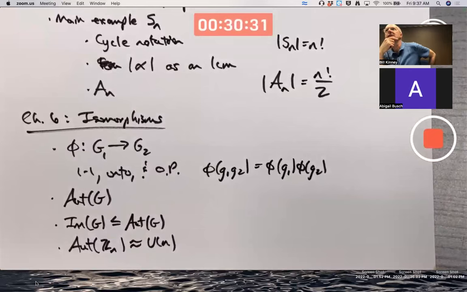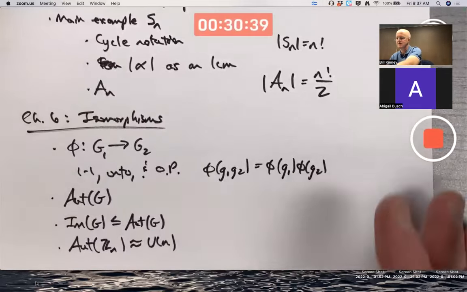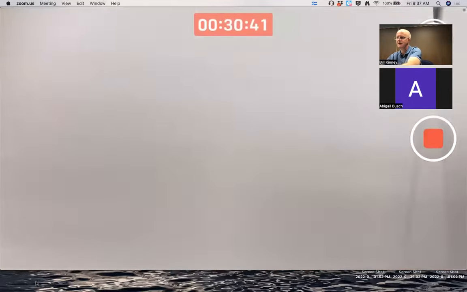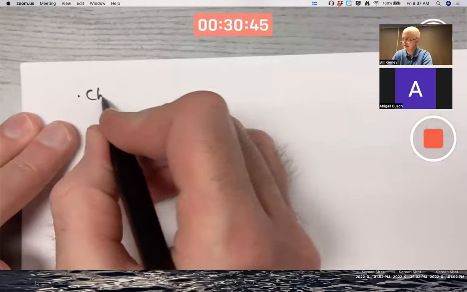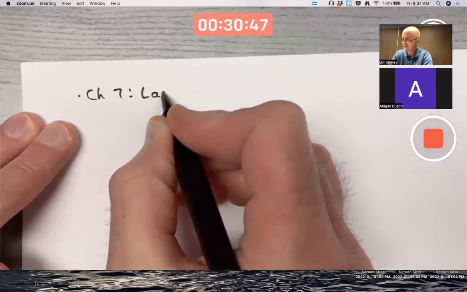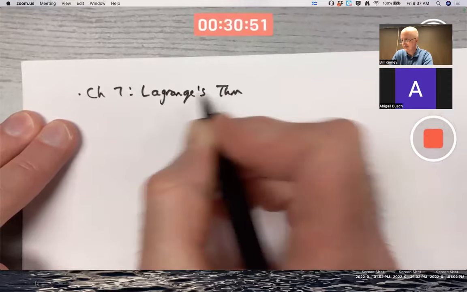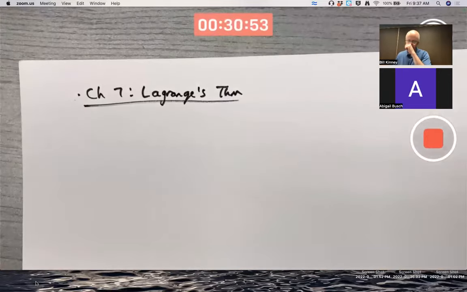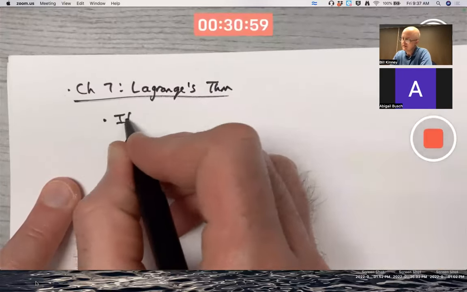Chapter 7 is really the hinge of group theory, Lagrange's theorem. It's the hinge or maybe foundation, however you want to picture it. Let's go ahead and write it.